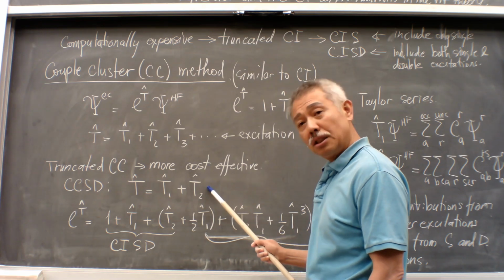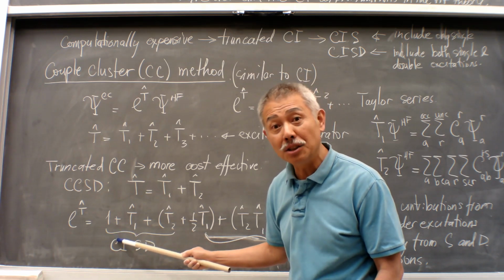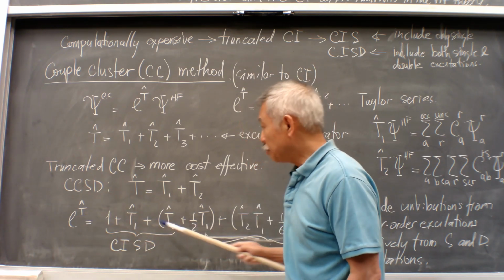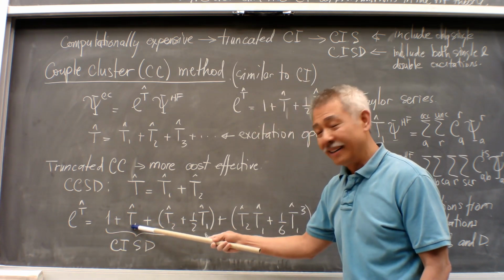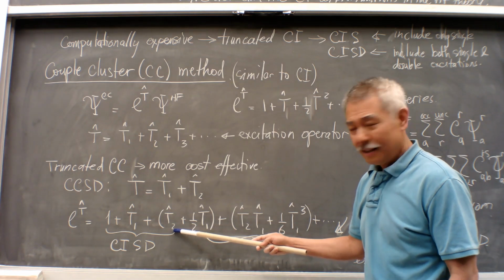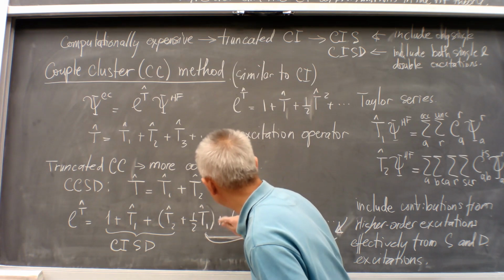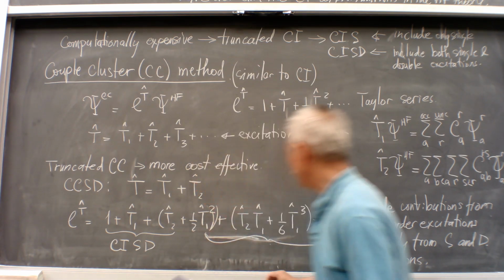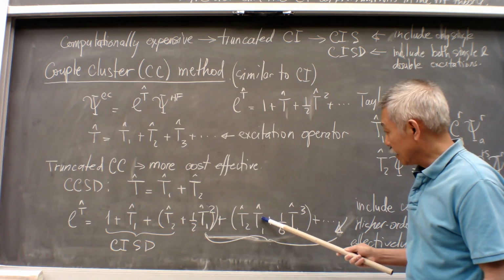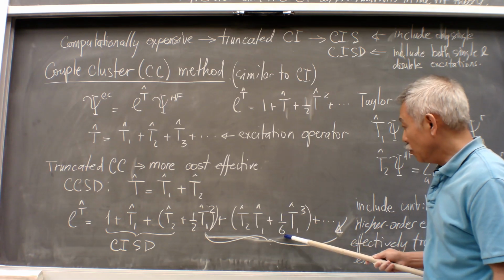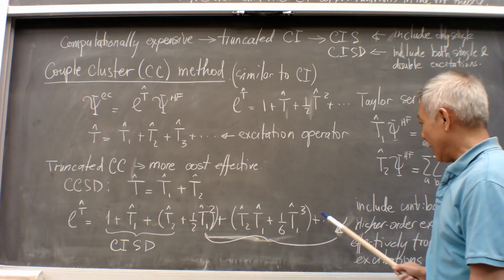Now, if you plug in the Taylor series expansion of e to the T and collect terms, you get 1 plus T1 plus T2, plus 1/2 T1 squared, plus the term T2 times T1, plus 1/6 T1 cubed, and so on.